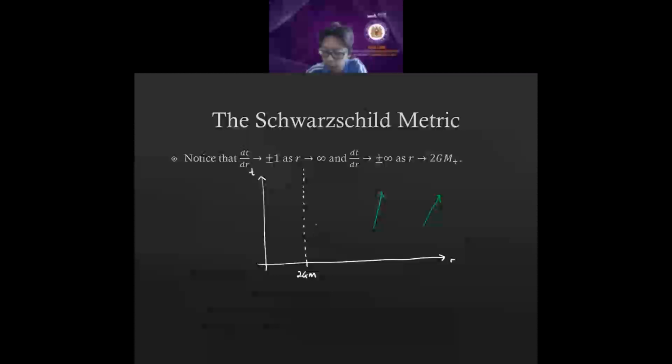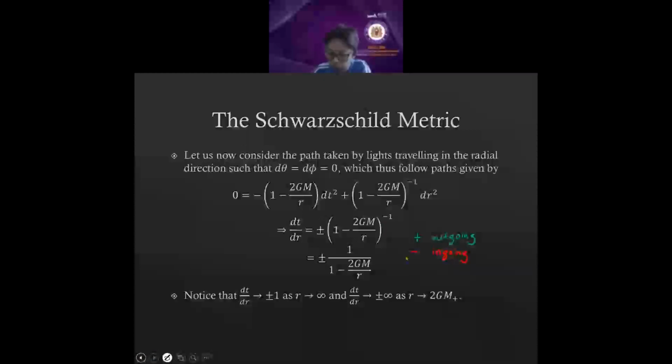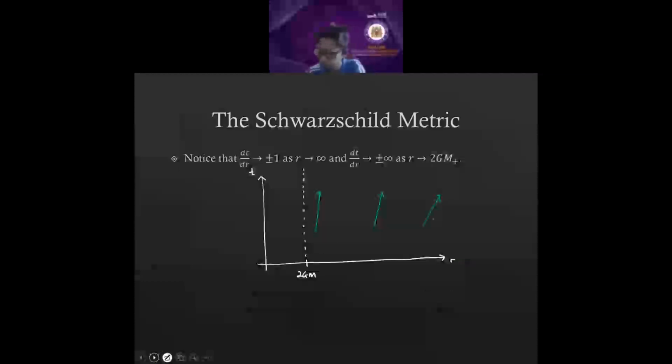And then as we move closer, we have something like this. If I now try to draw the ingoing light corresponding to the minus sign, we're going to have something like this.